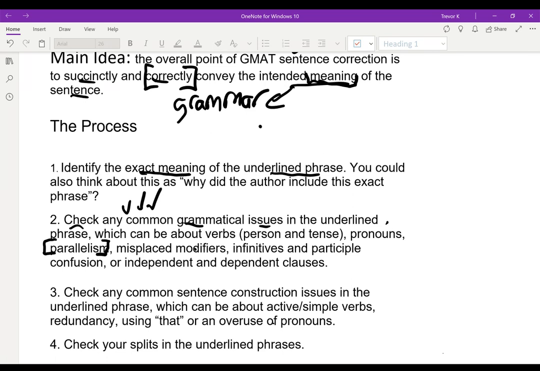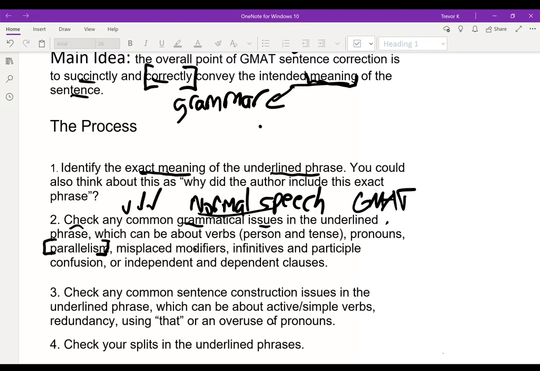Parallelism is something that you use every day in your normal speech, but you're probably not aware of it. Or if you are aware of it, you're not sure how it works, and you just say and write things and hope they're correct. So I'm going to talk about how to use parallelism correctly, especially how the GMAT wants you to use parallelism.